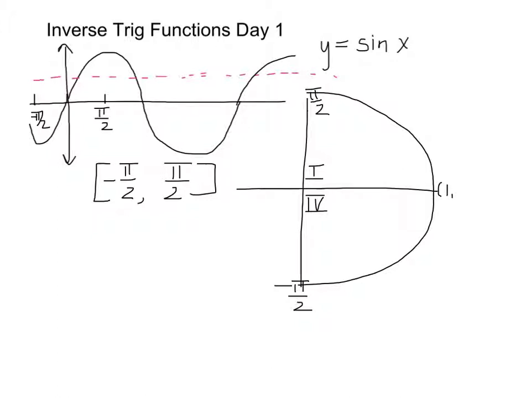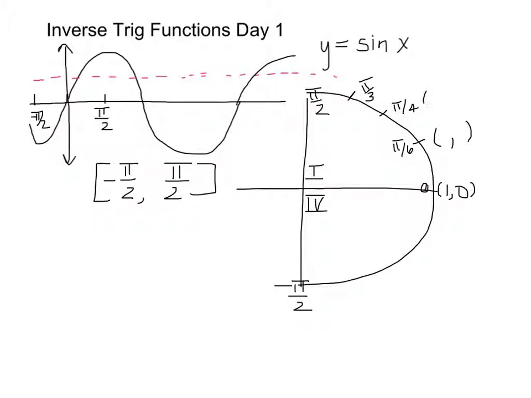So this is 1, 0. Because this was 0. This is pi over 6. Pi over 4. Pi over 3. And then pi over 2.